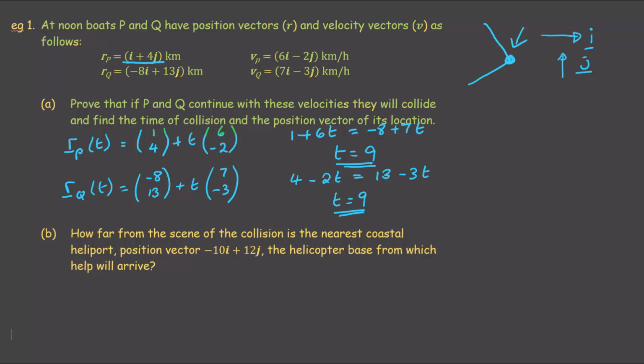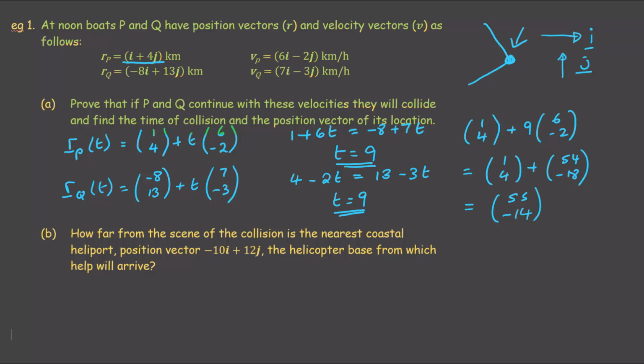To find that position, we can substitute back into either. So I'm going to use 1, 4 plus 9 times 6, negative 2, which is going to be 1, 4 plus 54, negative 18, and that gives me 55, negative 14.